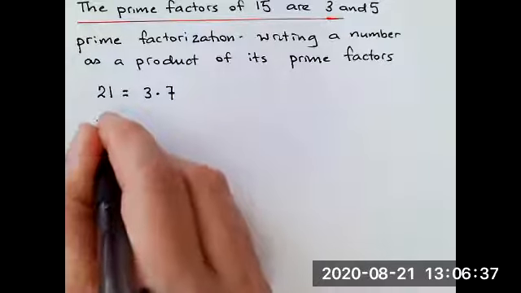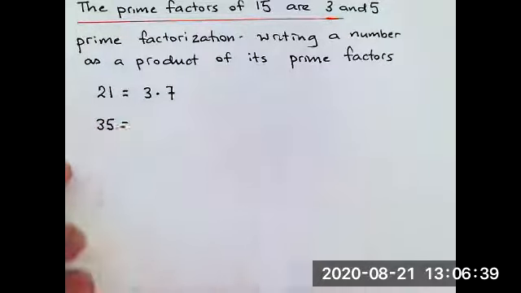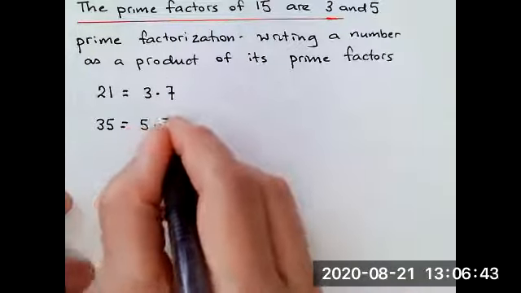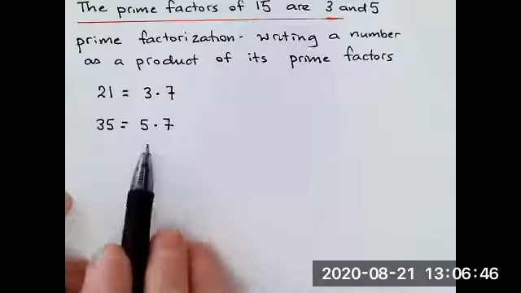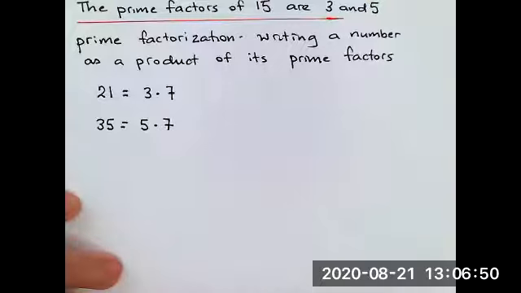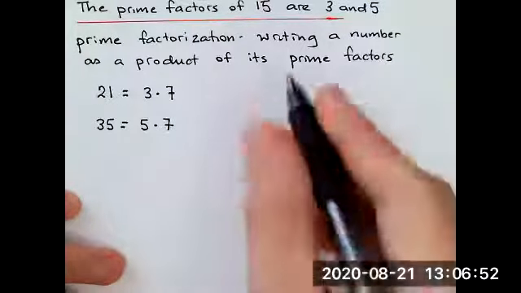What about 35? Well, 35 is 5 times 7. And because 5 is a prime and 7 is a prime, that's the prime factorization.